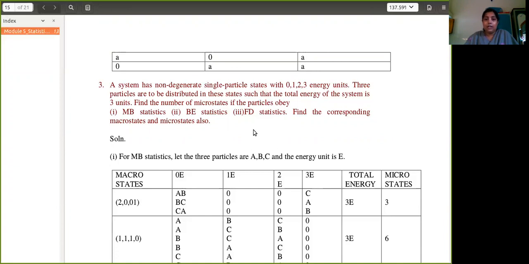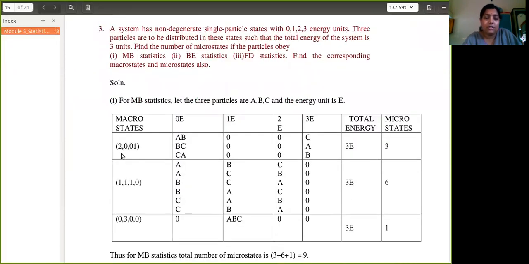Cell 1 has 0 units of energy, cell 2 has 1 unit, cell 3 has 2 units, and cell 4 has 3 units of energy. Now you have to find the macrostates and microstates if the particles obey MB, BE, and FD statistics, so that the total energy of the system remains 3 units. So we have a restraint here.